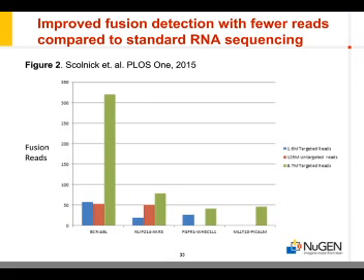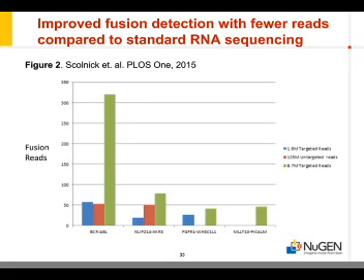In blue, we have a targeted sequencing experiment sequenced with only 1.6 million reads. And in green, we have another targeted sequencing experiment sequenced to greater depth at 8.7 million reads. In red is a publicly available data set that was a 125 million paired end standard RNA sequencing library.